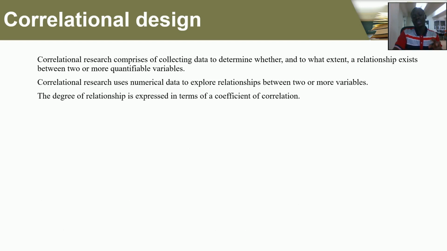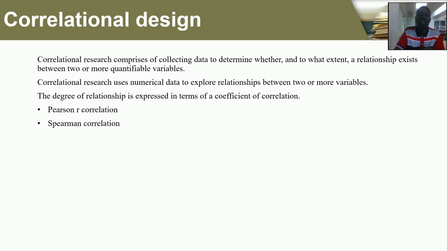It aims at examining the degree of relationship expressed by the Pearson coefficient of correlation. We use the Pearson r correlation coefficient to determine the degree of relationship between two or more variables.